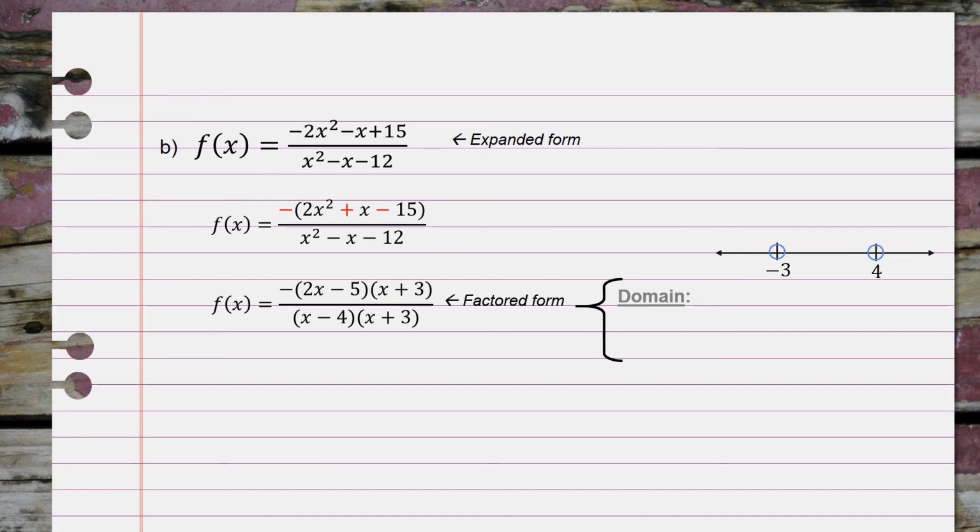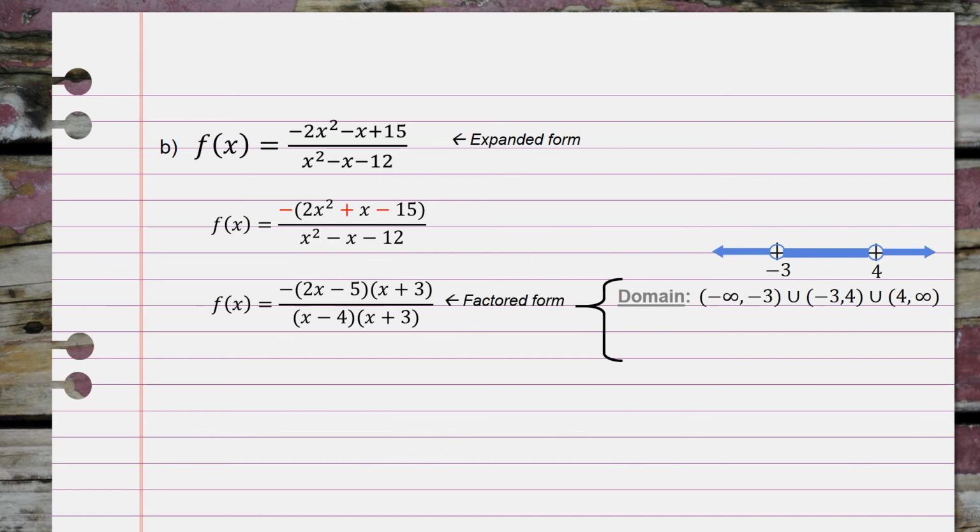But I can use any values to the left of -3, in between -3 and 4, and to the right of 4. So now that I see my number line, I'm ready to write my interval notation. It will go from -infinity to -3, close parentheses, union, parentheses, -3 to 4, close parentheses, union, parentheses, 4 to infinity.